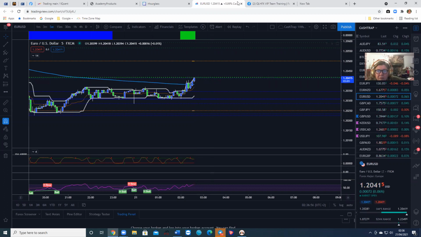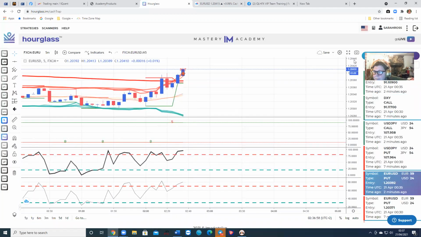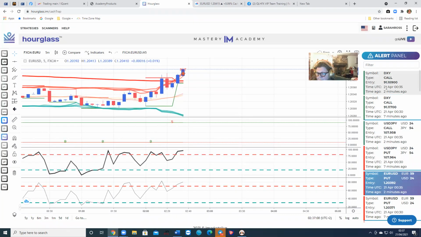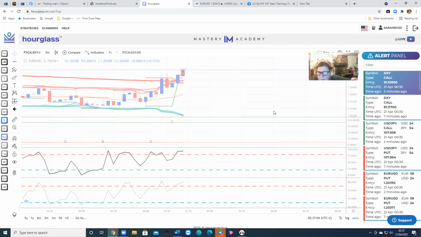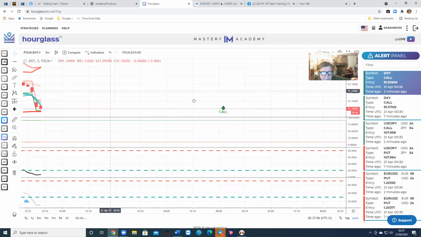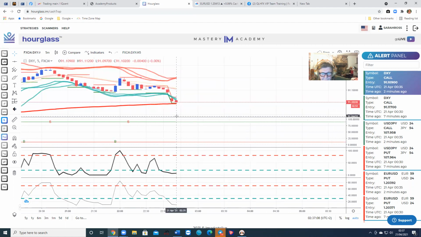So that means the dollar is also a call at the moment on the DXY, and it's got a 200 moving average. So Euro USD is in a bit of confusion because the 200 moving average is holding up the US dollar at 731.